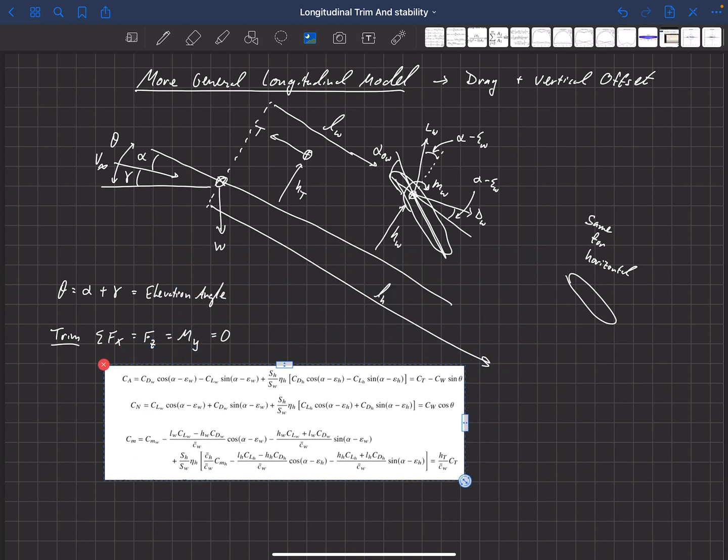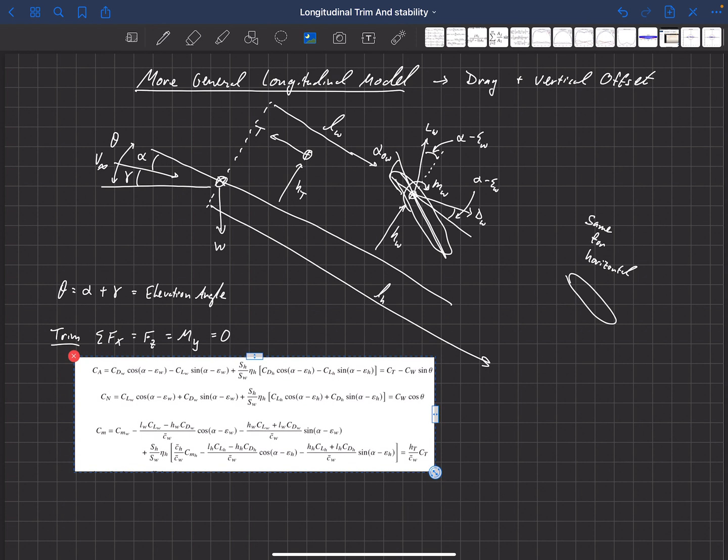So this is our axial and normal and pitching moment if we have a main wing and a horizontal stabilizer. So this is the force in the axial direction, the normal direction, and then the pitching moment. And then we're accounting for drag on the wing now that's rotated, by this alpha minus epsilon wing we've talked about here.